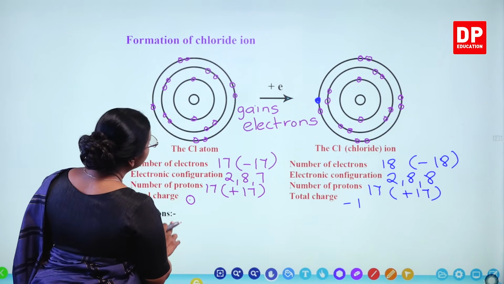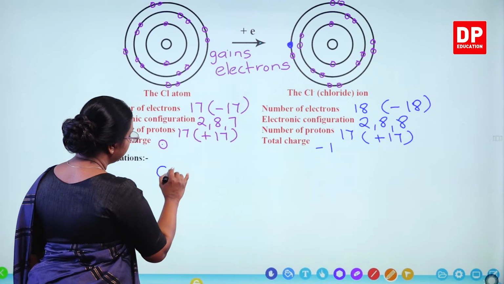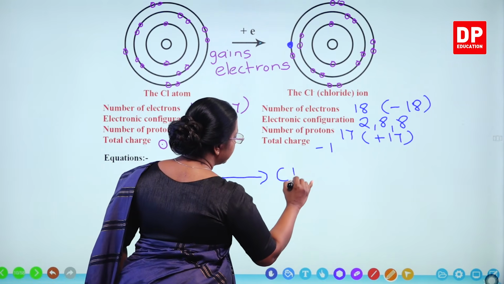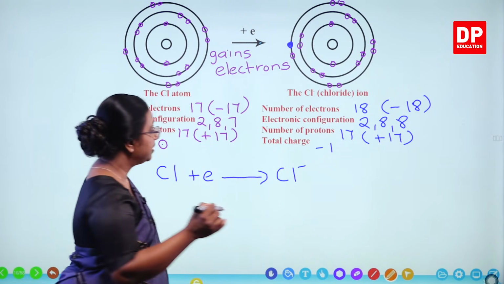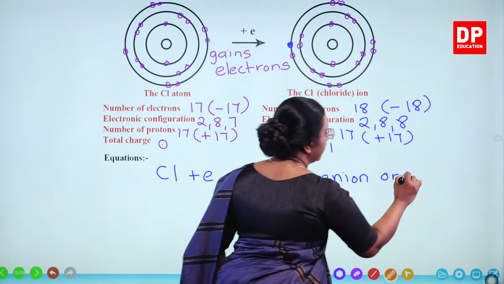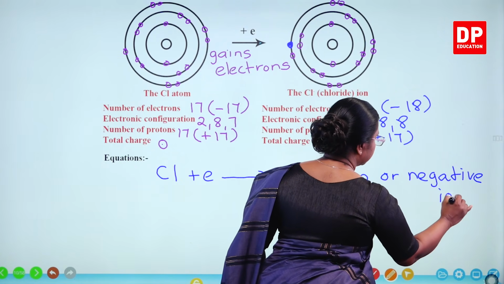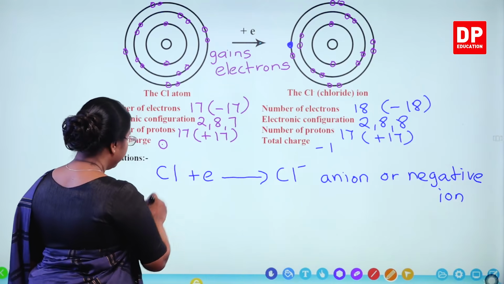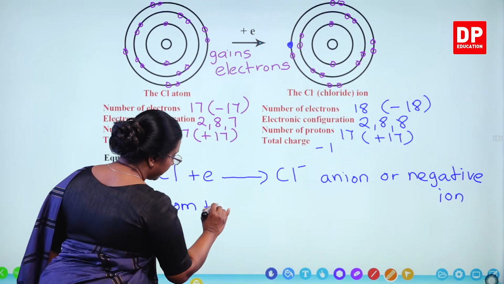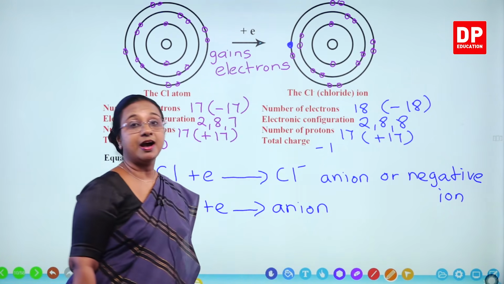If we write the equation for the formation of this ion, you can see the chlorine takes up electrons and becomes Cl minus ion, which is referred to as an anion or negative ion. In this, if we write a common equation, atom takes up an electron and forms an anion or negative ion.